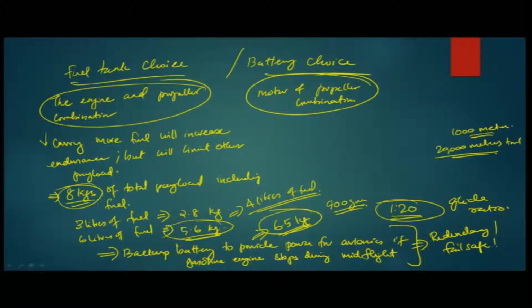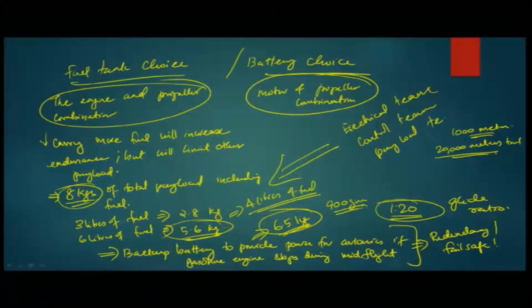Now, once this calculation was going on, the teams interfacing with us were the electrical team, the control team and the payload team. The payload team said camera plus power module weight equals x kilograms.